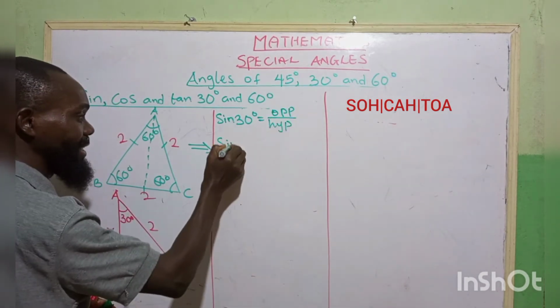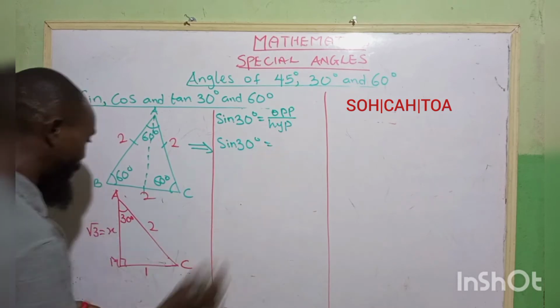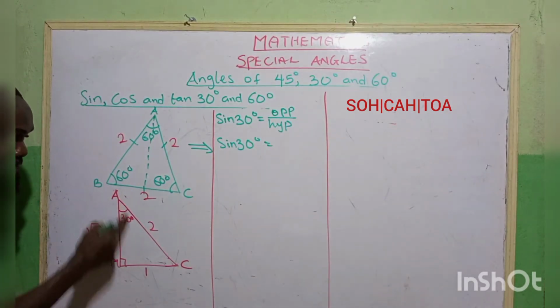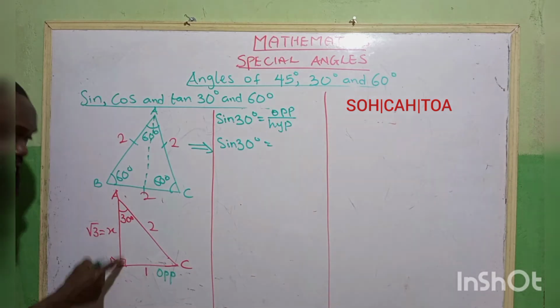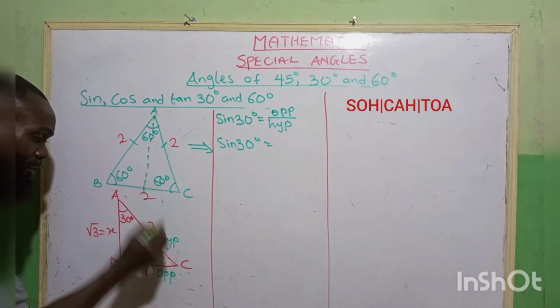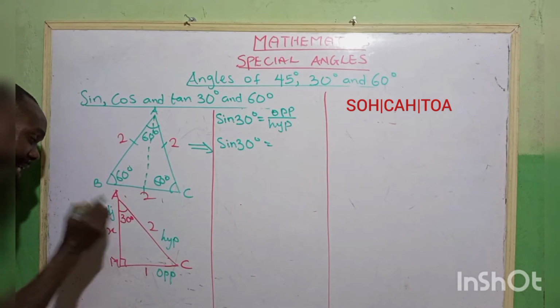Let us label this. Since this is our angle, where your angle is facing is the opposite. Since this is your 90 degrees, where it is facing is your hypotenuse, while the remaining side is our adjacent.